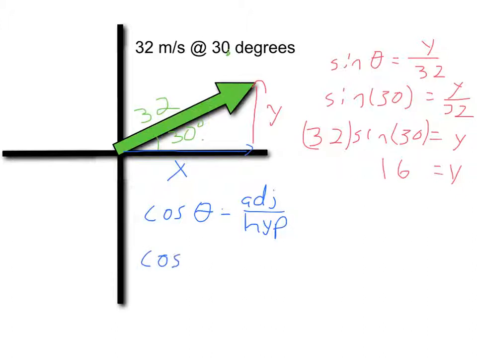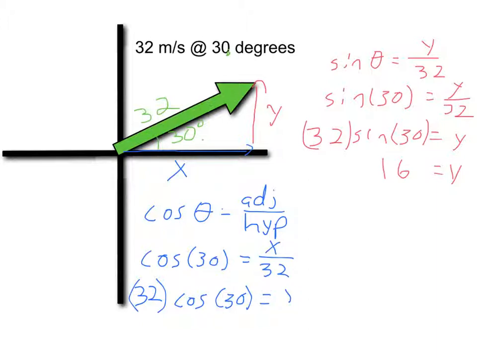So cosine of 30 degrees is x over 32. Multiply the 32 to the other side, and 32 cosine 30 equals x. So x comes out to be 27.7, or with sig figs, 28.